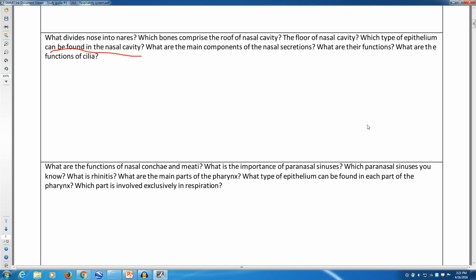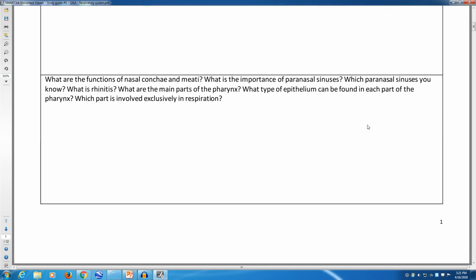Main components of nasal secretion. What I want you to understand: mucus, lysozyme, immunoglobulin A. That's practically it. Nasal conchae and meatuses. Surface importance of paranasal sinuses.